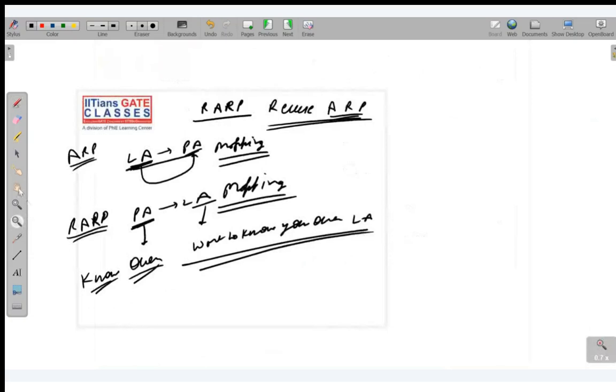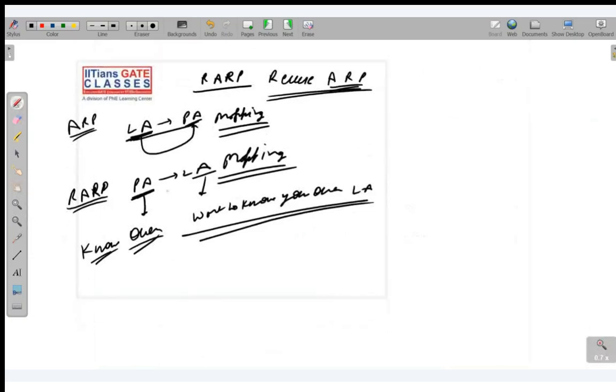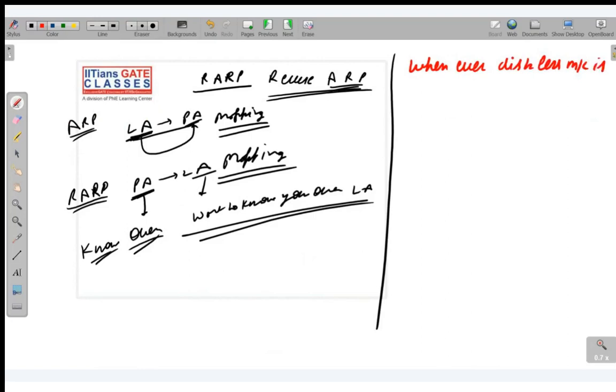Whenever a diskless machine is booted and the machine knows its physical address and it wants to know its logical address, which protocol will be used? Let me write it. Very, very important. Many times this has been asked.